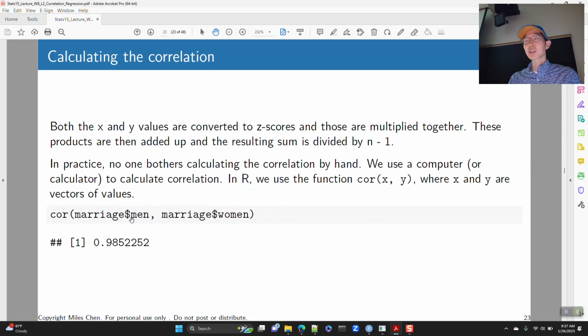So here, if I want to take the column for men's age of first marriage and the column for women's age of first marriage, I would do marriage$men, because marriage is the name of my data frame, men is the name of the column, and I would do marriage$women, marriage being the data frame and women being the name of the column. And I would do cor. Cor is correlation between these two things. And I get 0.985. So a very, very strong relationship between men's age of first marriage and women's age of first marriage.